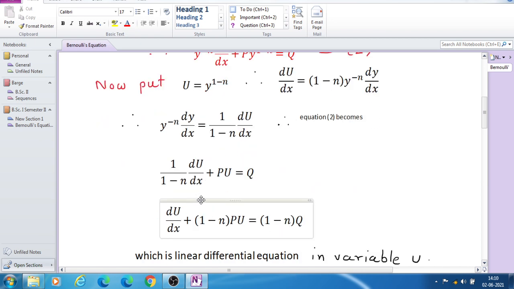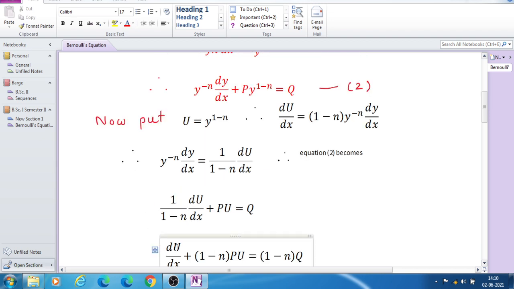So the above equation becomes 1 upon 1 minus n into du by dx plus p into u, as we have substituted y raised to 1 minus n by u, is equal to q.